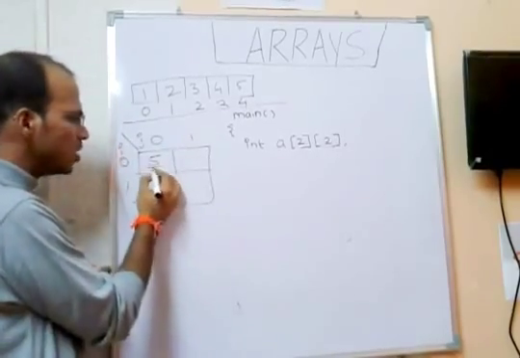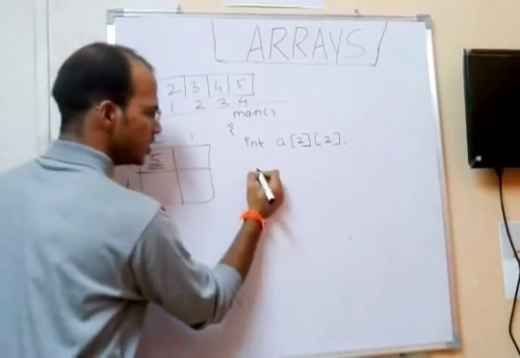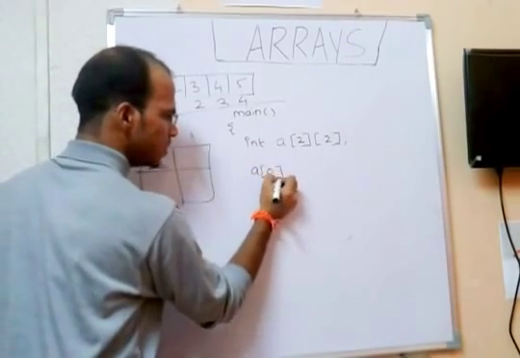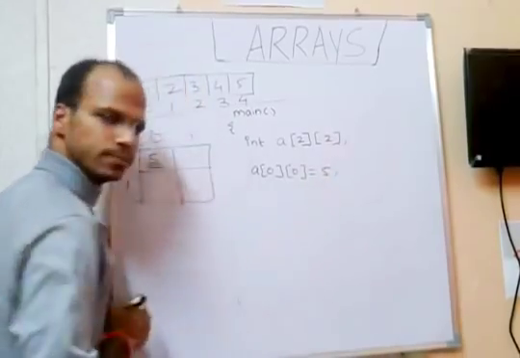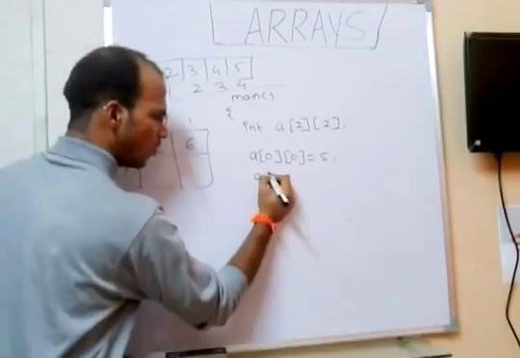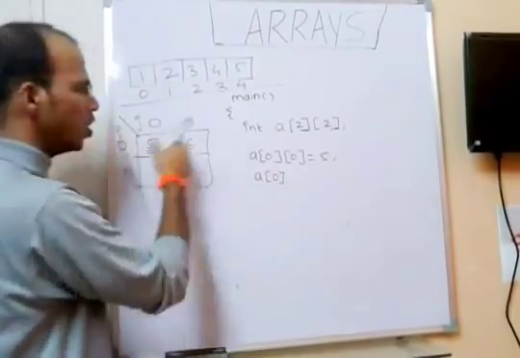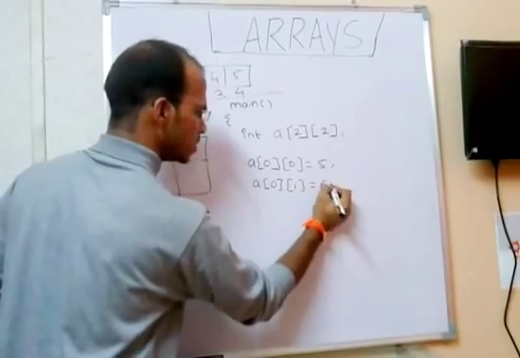Now if you want to store something in this block, it is 0 and 0. So it is A of 0 and 0, it will be 5. If I want to save 6 here, it's A of row number 0, column number 1, so A of 0 1 equals 6.